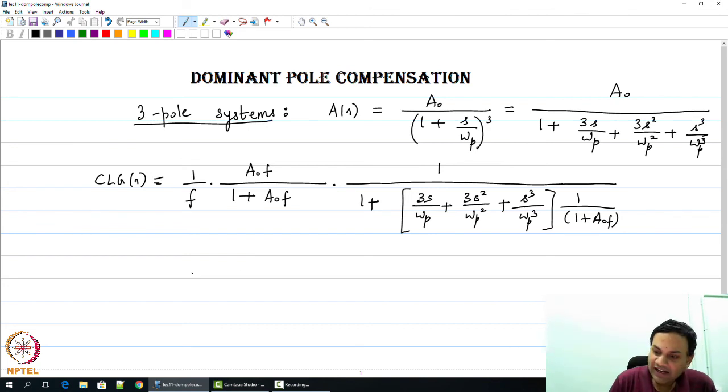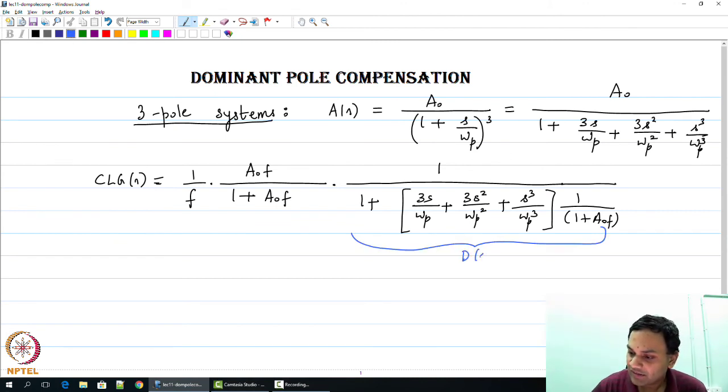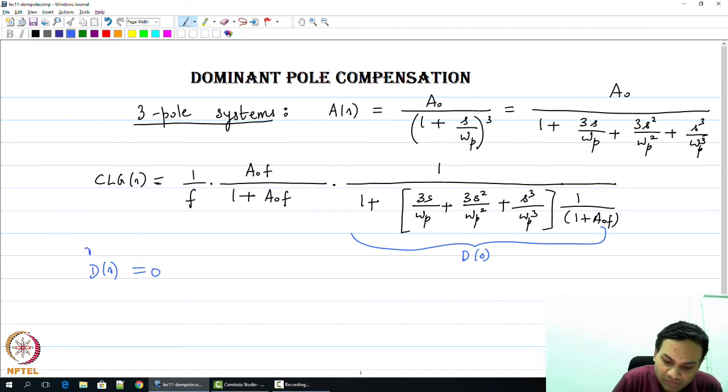So now I'm going to represent this portion as some d of s, the denominator polynomial, and what I need to do is find out the roots of d of s equal to 0.